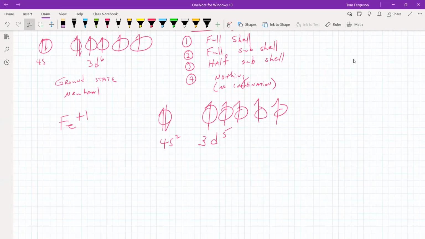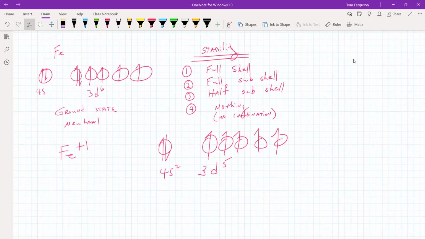There are 2 more possibilities. So you start with the neutral one and take away the remaining 5. So we're talking about Fe+6 then, right? And that's a lot of electrons.